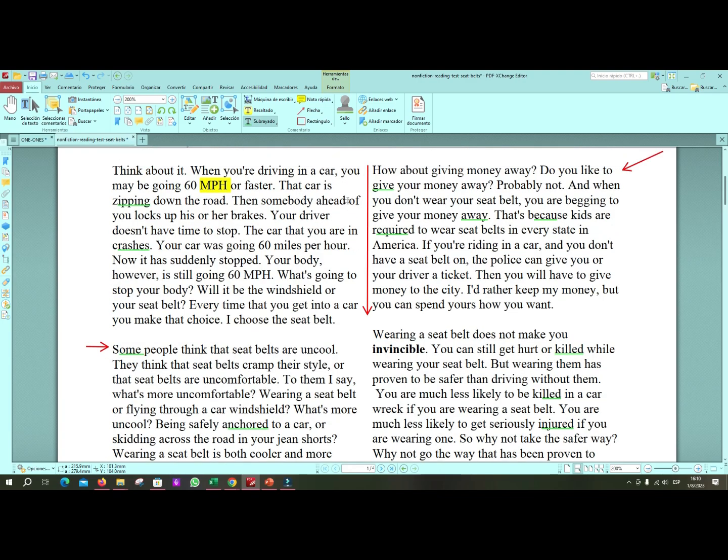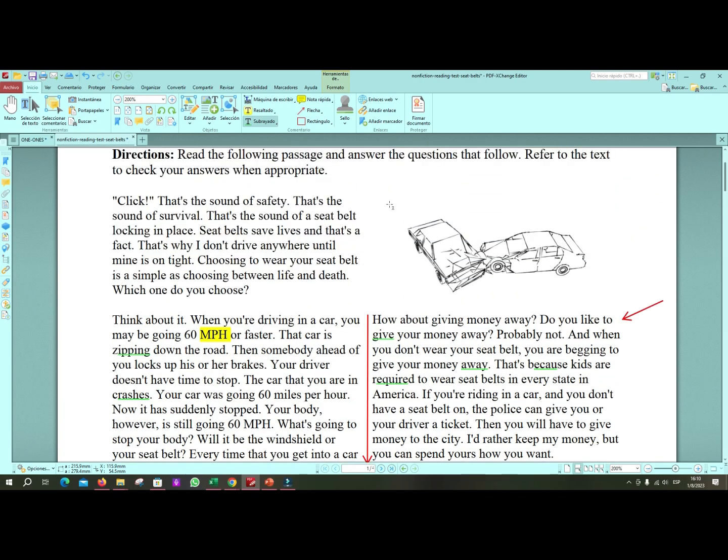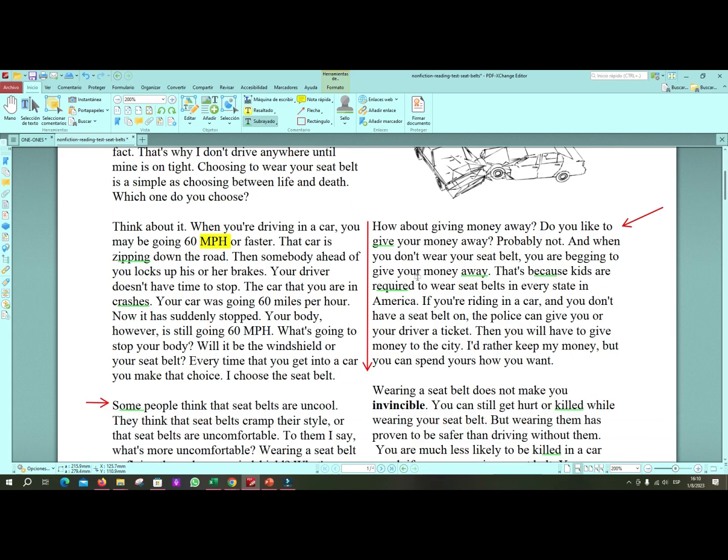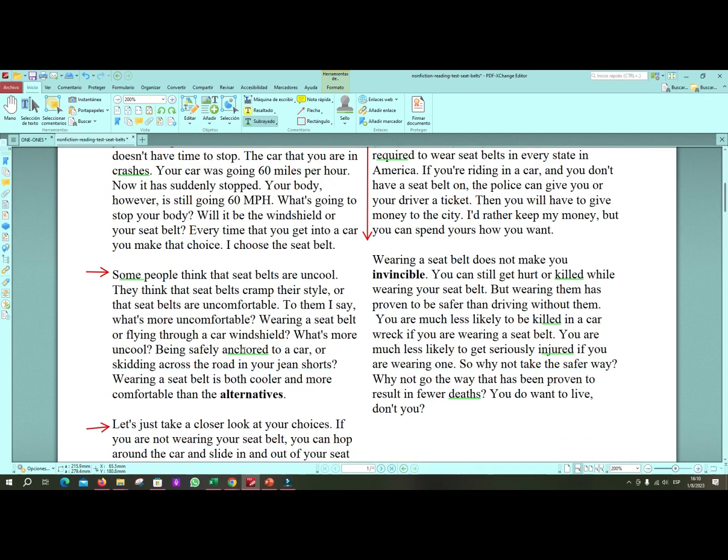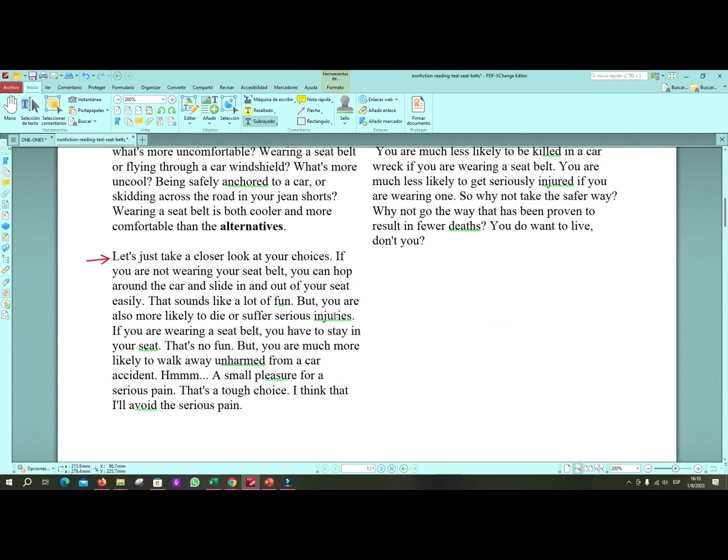So guys, just be careful with the verbs in the past, right? Remember the pronunciation of them. For example, zipping, crushes, you know that. Also anchored, right? Remember the D sound at the end. Also injuries, sit, unharmed, also that is a regular one.